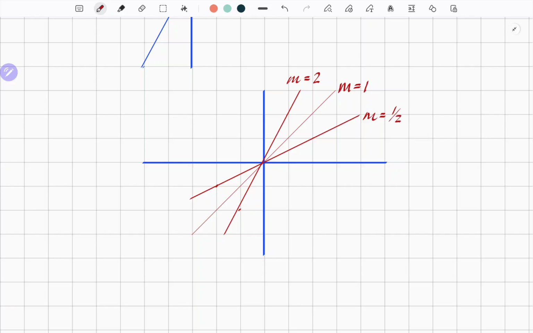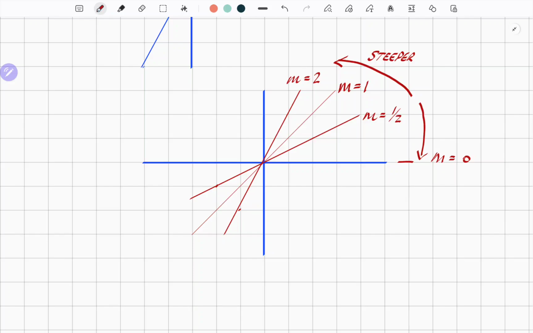So do you see how different gradients have different slopes? The steeper the line, the higher the gradient. And all the way down, you can have m equals 0 when it's a flat line like that.